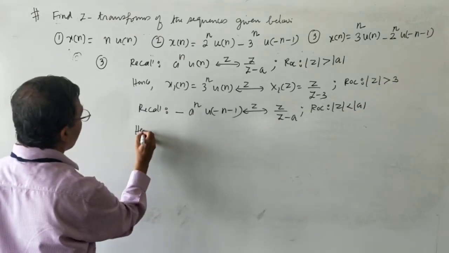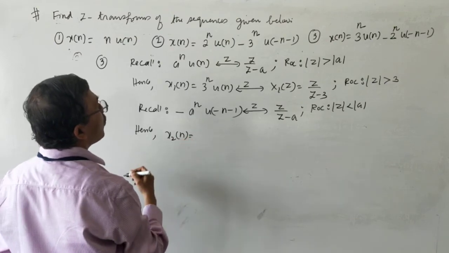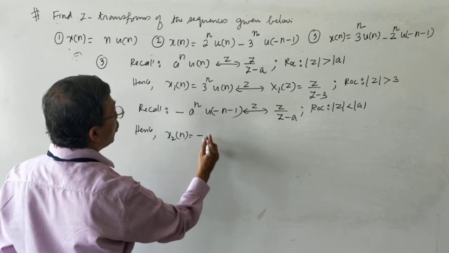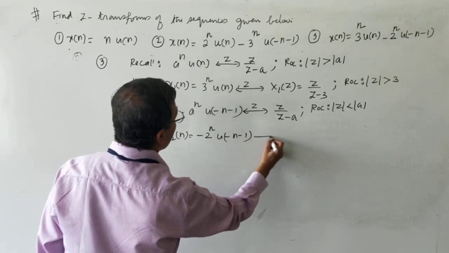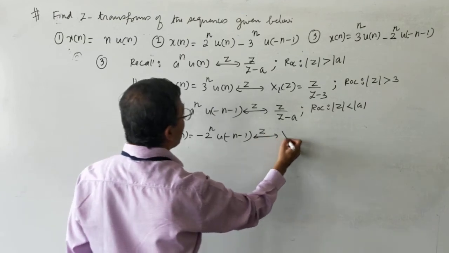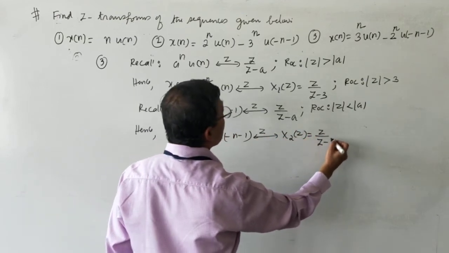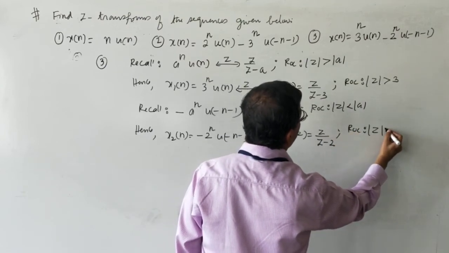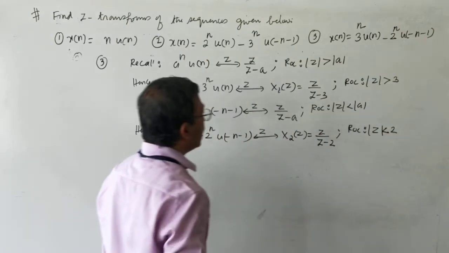Hence x2 of n equals minus 2 to the power n into u of minus n minus 1 has a z transform x2 of z equal to z by z minus 2. ROC: mod z less than 2.